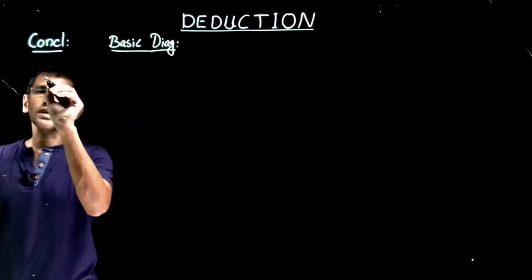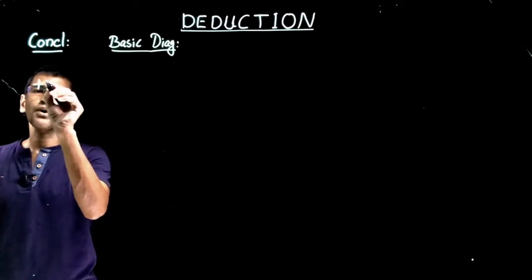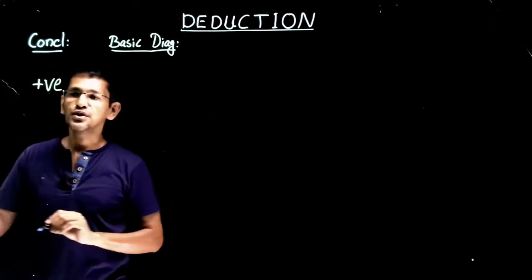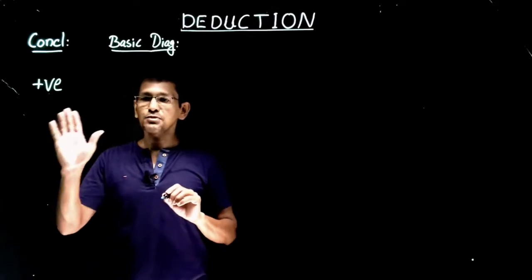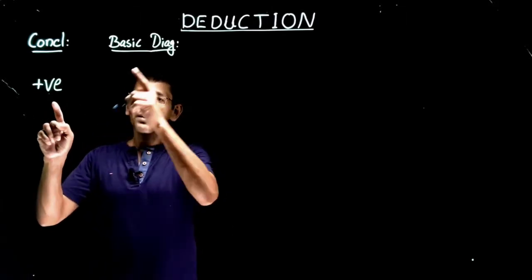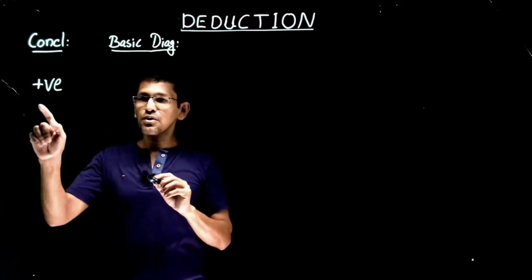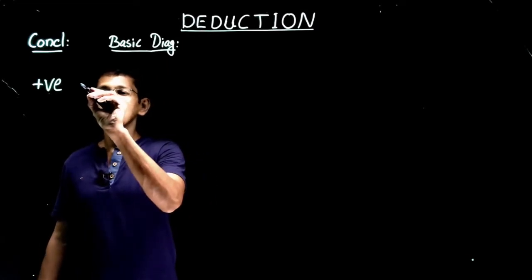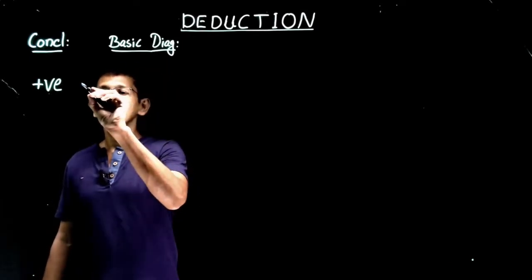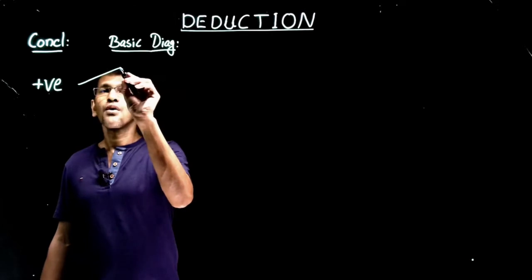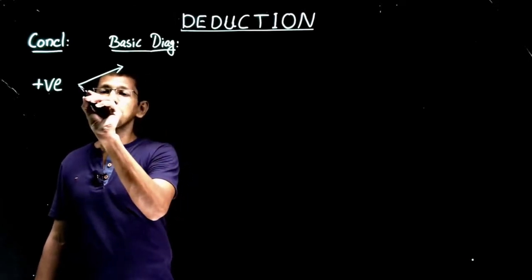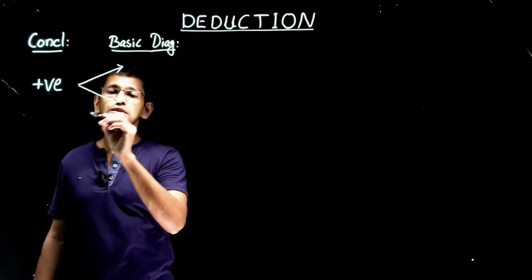Positive conclusion. If the given conclusion is positive, what do we do? Well, it doesn't matter whether it's positive or negative, we'll check it with the basic diagram. The conclusion could be valid or it could be invalid. There are 2 possibilities.